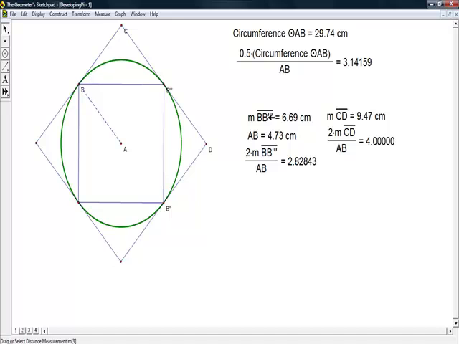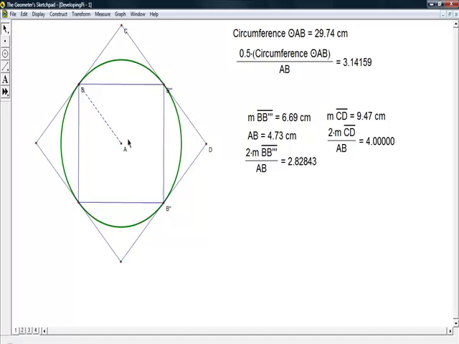Now, this set of numbers on the left side is the length of one of the sides of the inside square. On the right side, this is the length of one of the sides of the outside square. And this AB is the radius of the circle, which I'm going to use to figure out my approximations for pi. This 2 times the measure of BB triple prime is half the perimeter of the inside square.